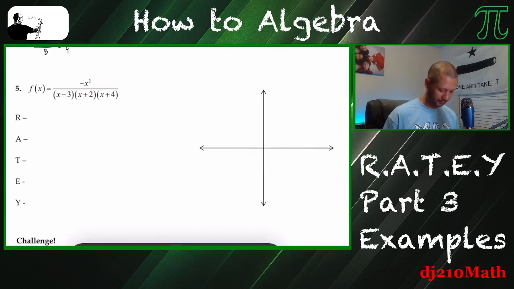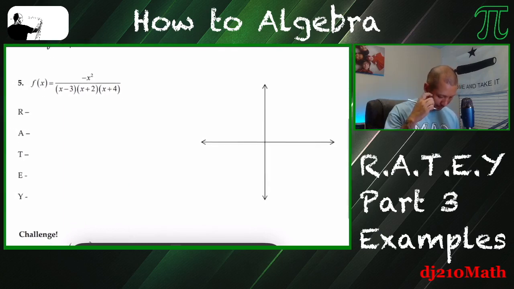Number 5. Can't be factored. It's already factored. When the top is equal to 0, x is 0. So it's going to cross at the x-axis.